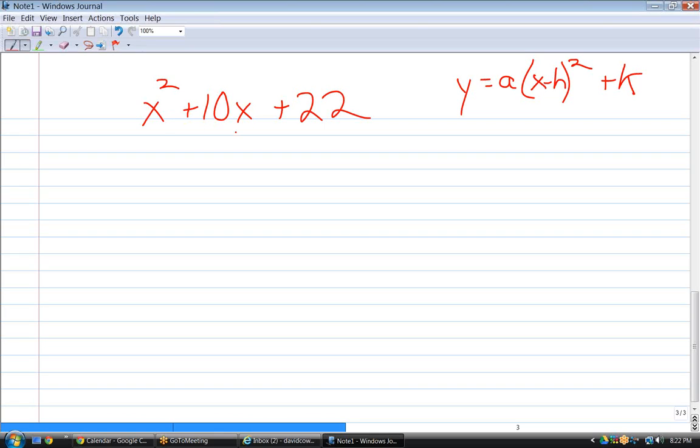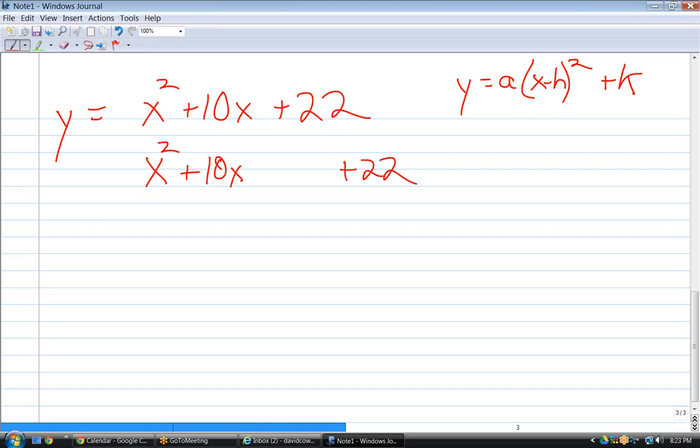So we have to make this quadratic look like that. Well, you do it by completing the square. Here's how you complete the square. You isolate the terms that have an x in them. You set the constant over here to the side.